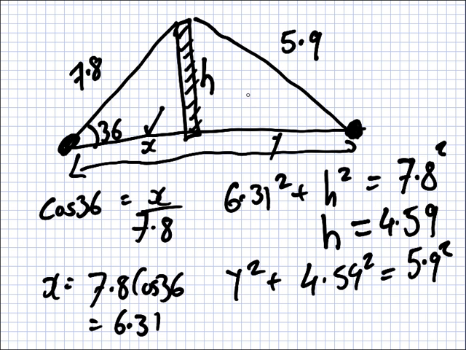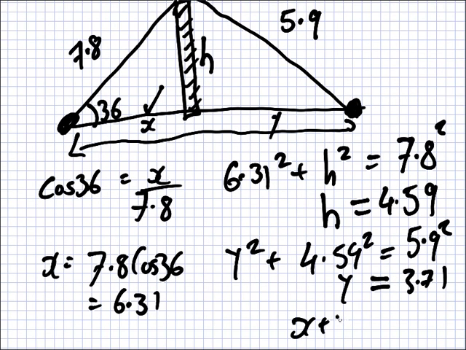Look at the right now. So what do I get for y? 3.71. So finally, what do I get for x plus y? It's about 10. Yeah, so if I do 3 significant figures, it'd be 10 meters.